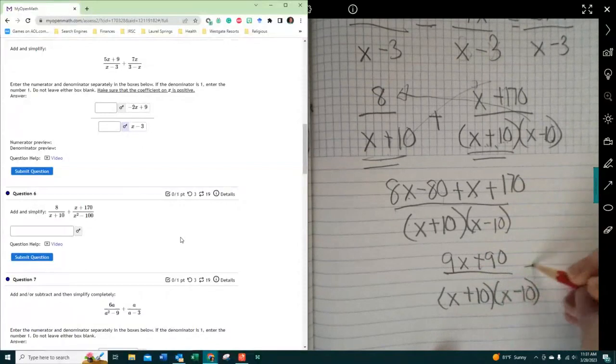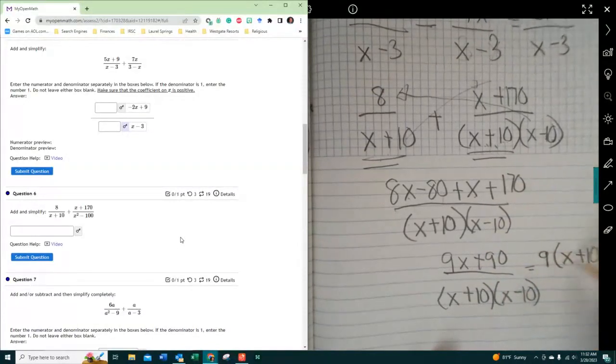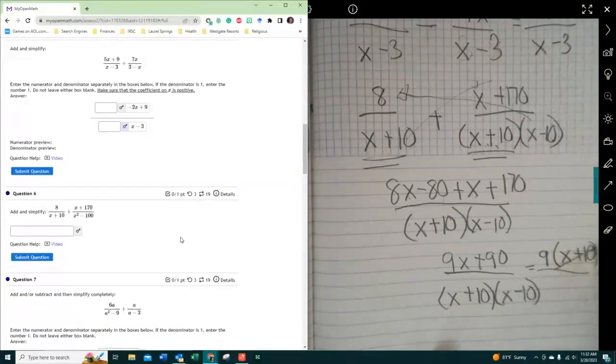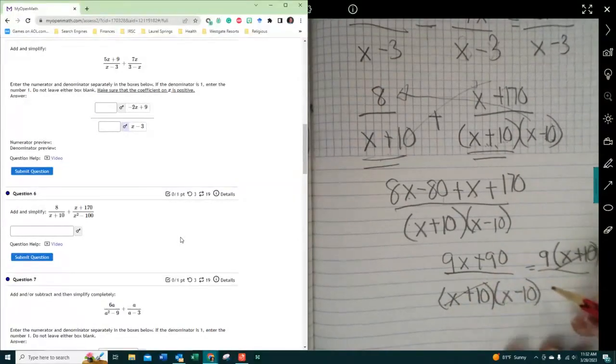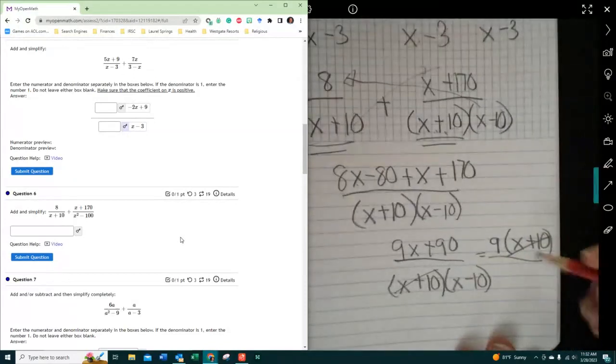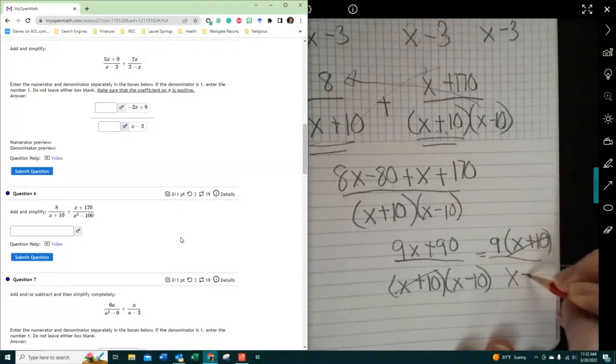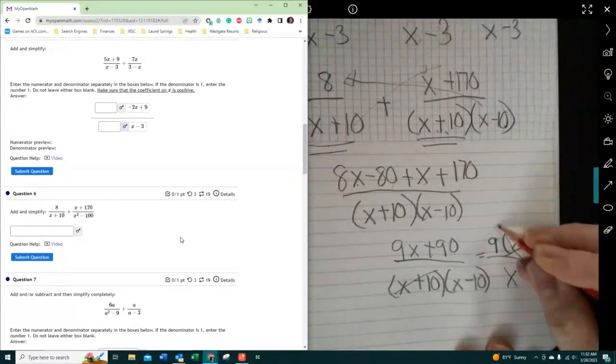And then we can factor out a 9 and get 9 times x plus 10 and literally knock this one off, leaving us with our answer, because I would have to rewrite this in order to do it, but I'm running out of room. As you can see, I can't write on the table. I'm going to just shortcut it and say this is our answer.